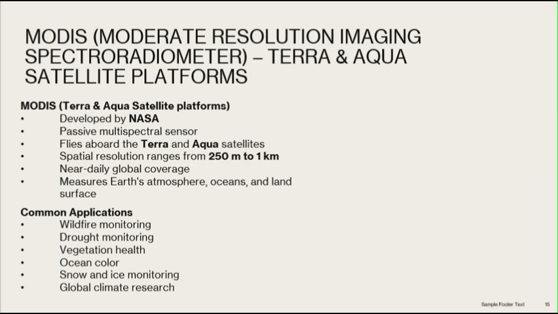The final satellite program we'll discuss uses MODIS, which stands for Moderate Resolution Imaging Spectroradiometer. MODIS is a passive sensor developed by NASA and is carried on two Earth-observing satellite platforms called Terra and Aqua. For example, someone might say, I downloaded MODIS imagery.